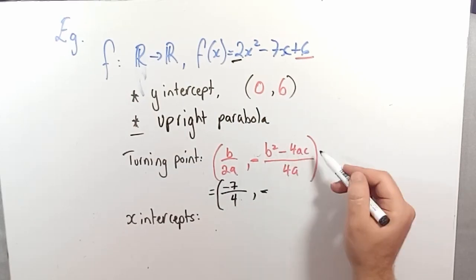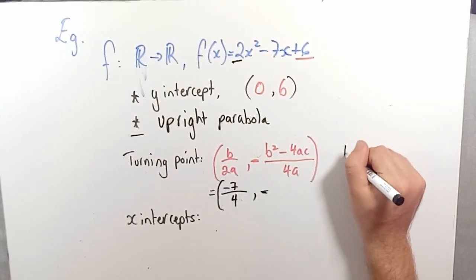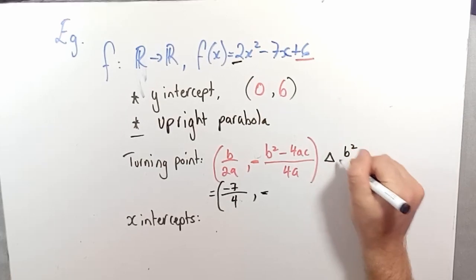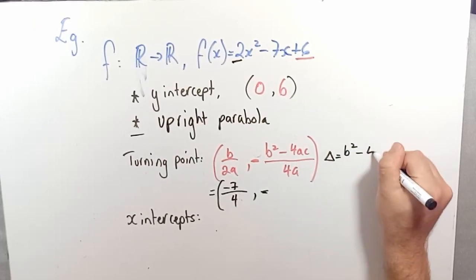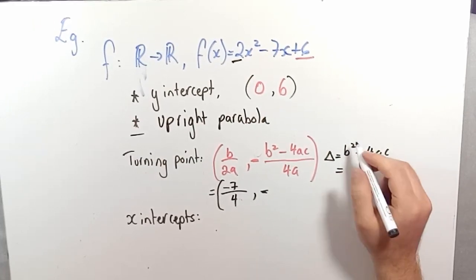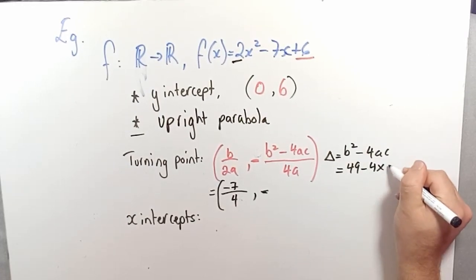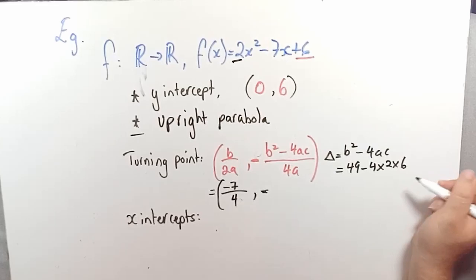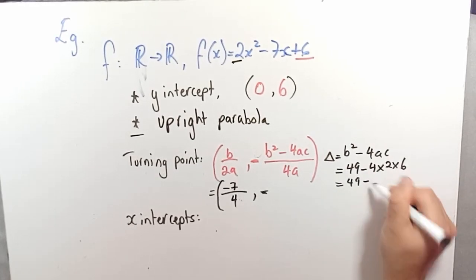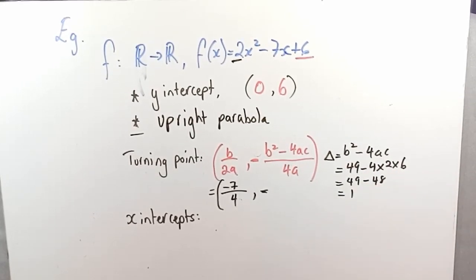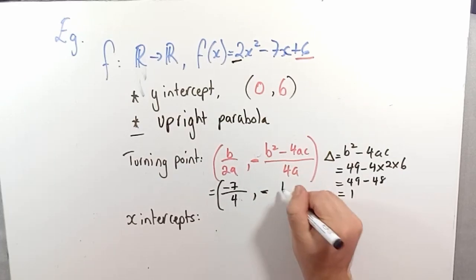Minus b squared minus 4ac. So let's just do that over here. B squared, and we call that the discriminant, don't we? B squared minus 4ac. So what's that? B squared is 49 minus 4 times 2 times 6. So I'll go 49 minus 48, which equals 1. So that's just 1.